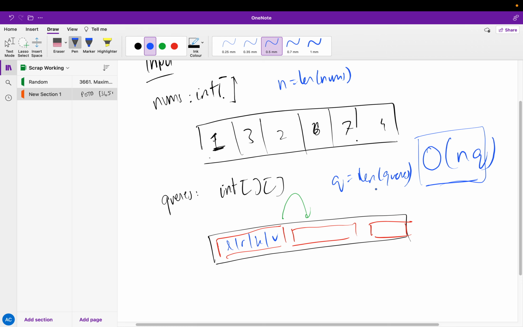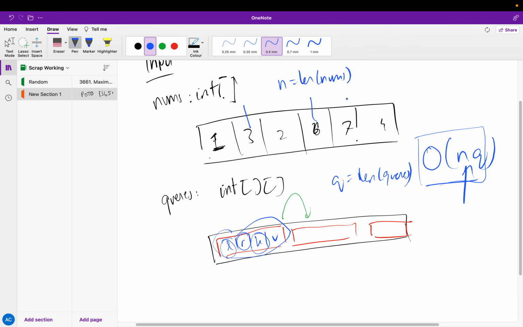So we have to figure out how can we, I think the big issue is the N term in this. When we look at a particular query, we see the left, we see the right, and we see the K value, and we literally traverse through every, not every, but up until the right value.